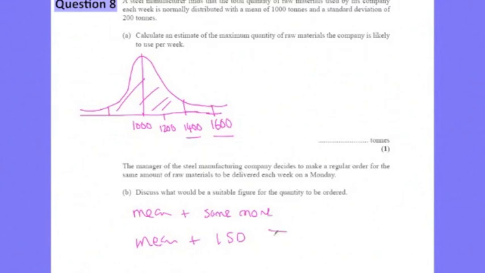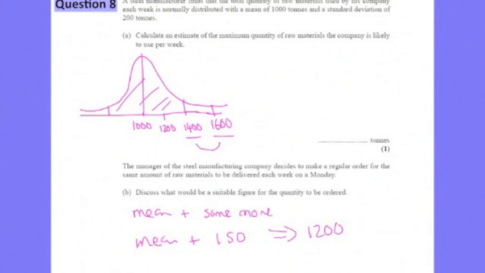So that would go up to 1,200. Now, the maximum that we worked out in part A to be between these two values is likely to be wasteful if he's ordering it every single Monday, and it will build up too much stock.